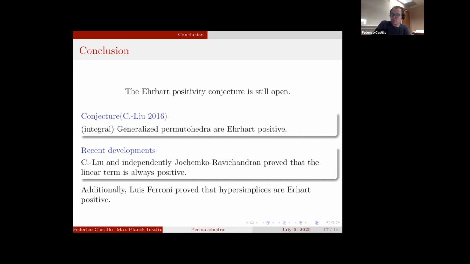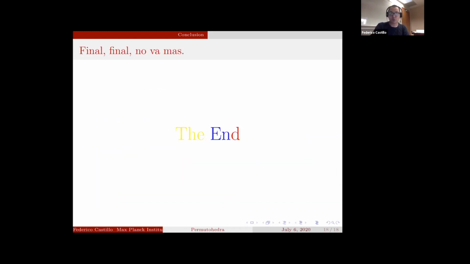And now, very recently, he proved positivity in a very nice combinatorial way. And I think even more recently, he has proposed new ideas on how to prove this, at least for the case of matroids. And I think that the case of matroids is as hard as the generalized permutohedral case, for some reason. So this is my conclusion. I don't want to take any more time. And this is the end.